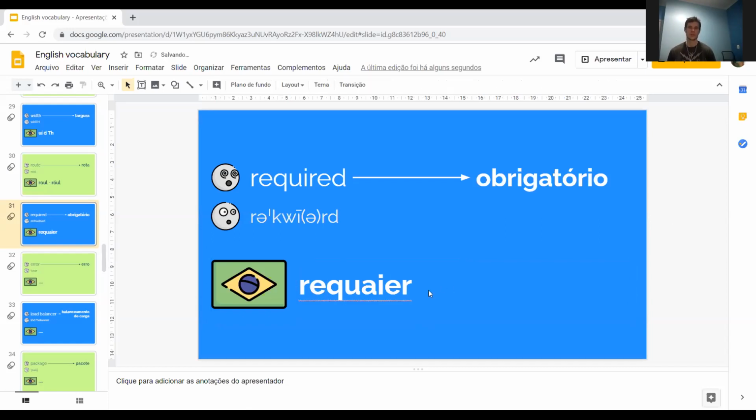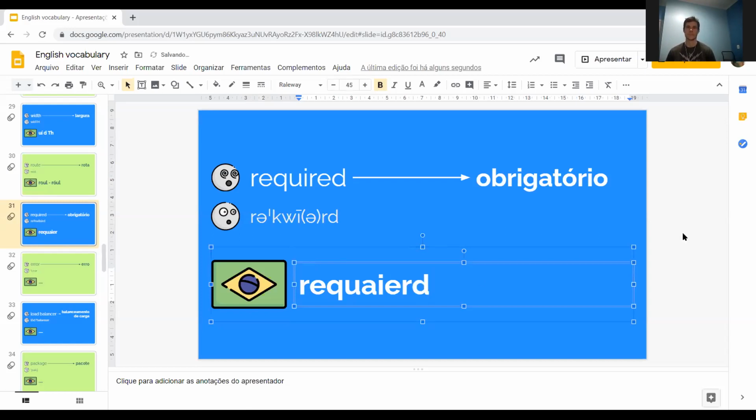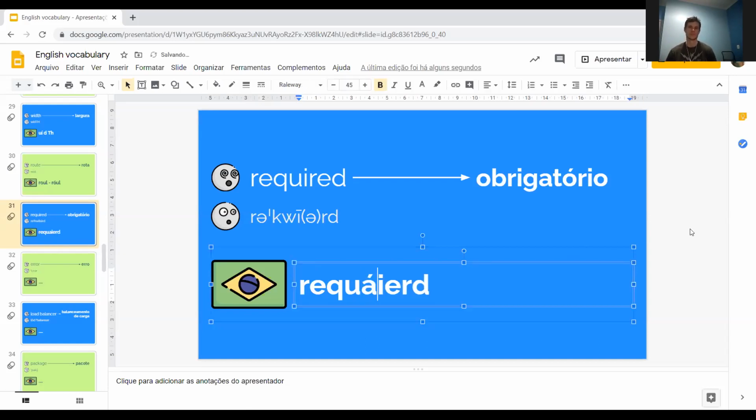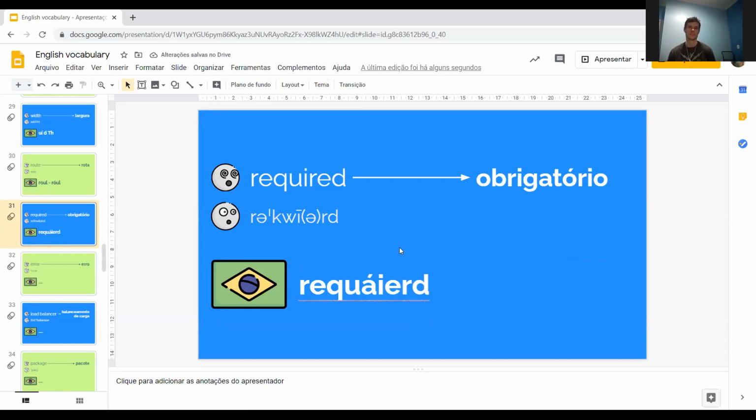Yeah. And you want to emphasize the second syllable. Required. Good. Okay. So in order to say it right, it's required to study.